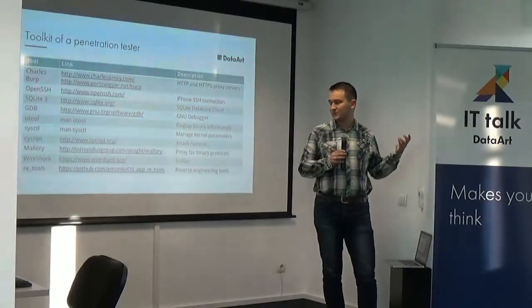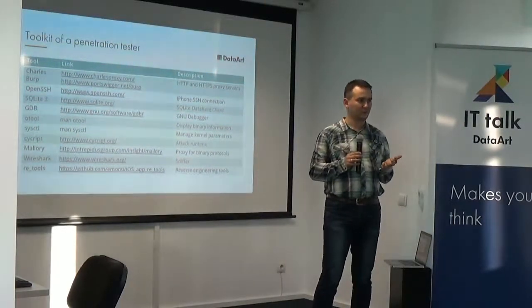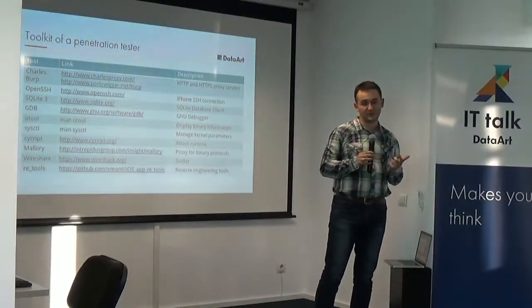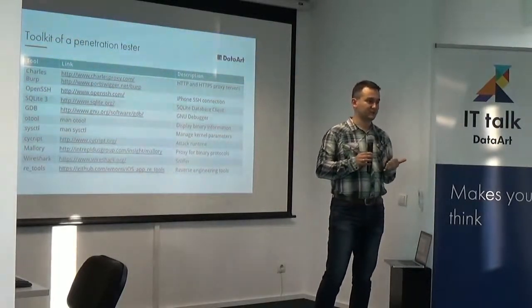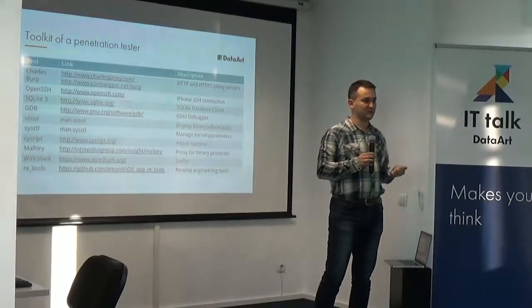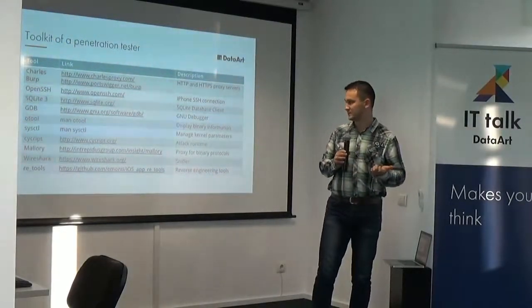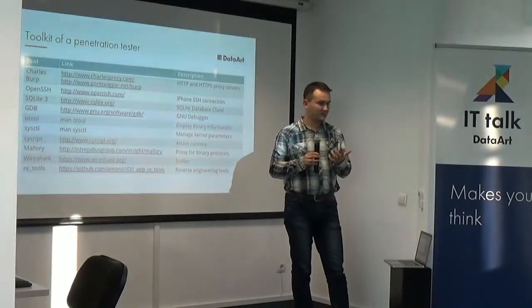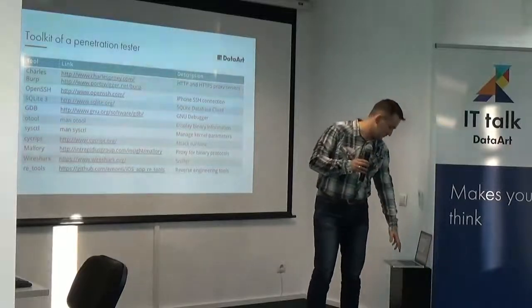You could also use some specific proxies like Mallory for non-HTTP connections. And finally, you could use Wireshark to track HTTPS streams and TCP or UDP encrypted streams. This is what I'm using in my work as a penetration tester.